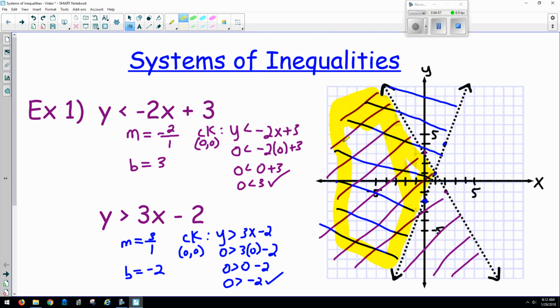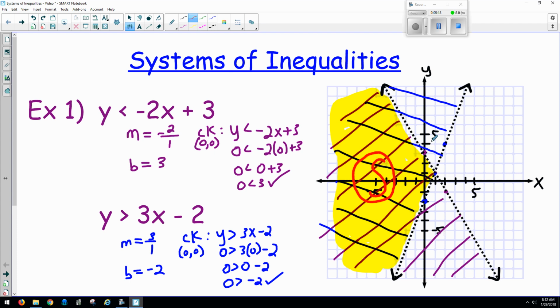Okay, so all of this is the solution of this system. And the way we're going to represent that is by writing an S. And I usually circle it. Okay, so that's the solution.